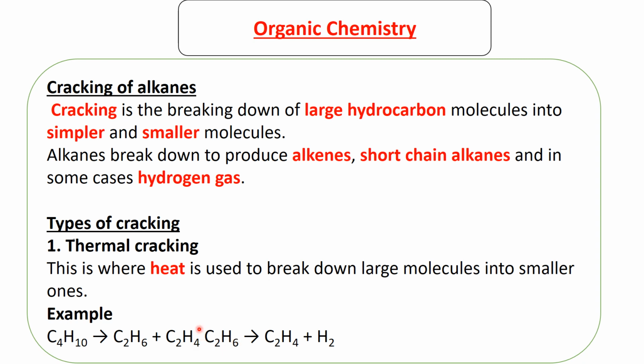And if you further heat this, you're going to have hydrogen and ethene. We haven't talked about alkenes, so I don't want to go into details, but just know this is an alkene, not an alkane. And then we have hydrogen here.